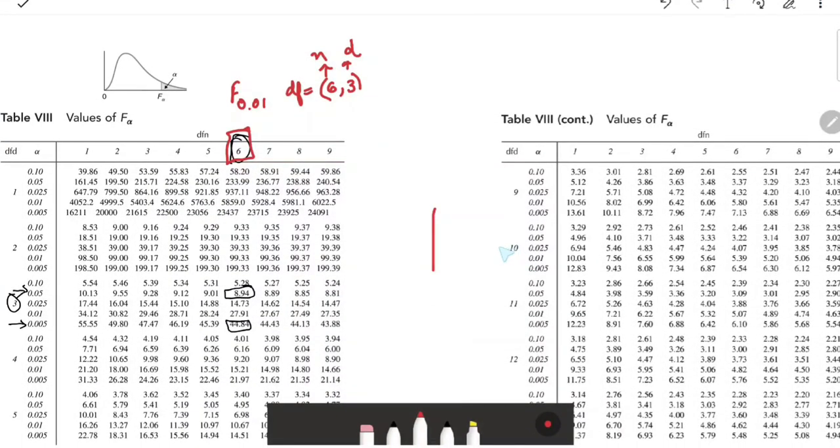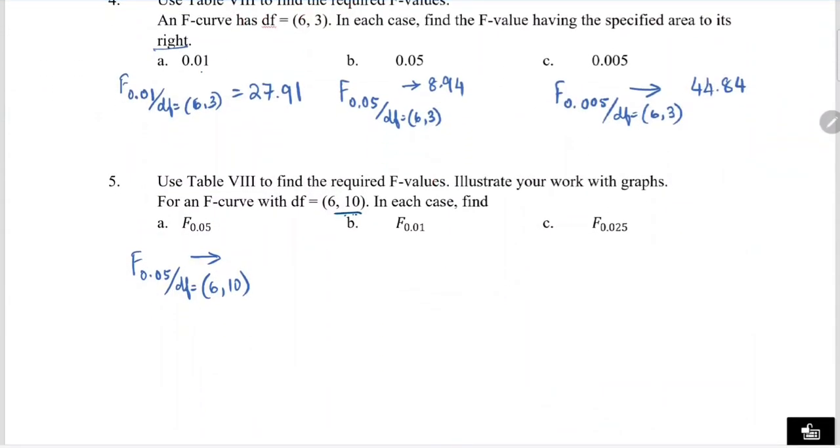Where is 10? Here we have 10, right? So actually we should be looking on the right-hand side table. So we have 6 and 10, and 0.05 is this row here. So the corresponding F value is 3.22. 3.22 is the answer for this.